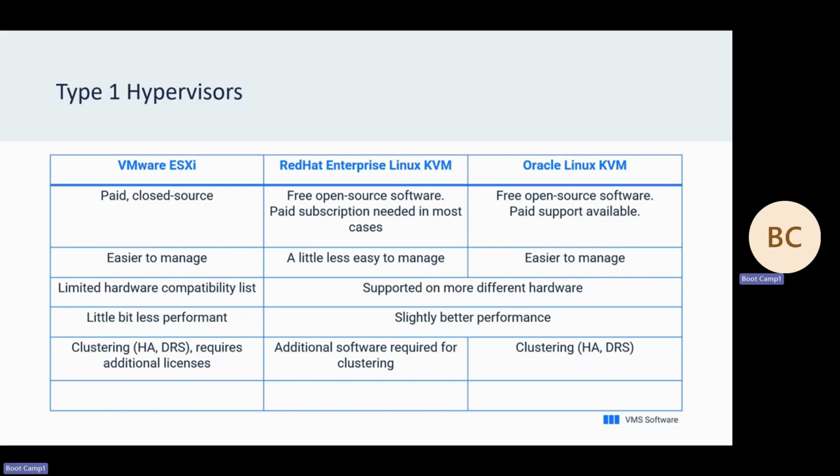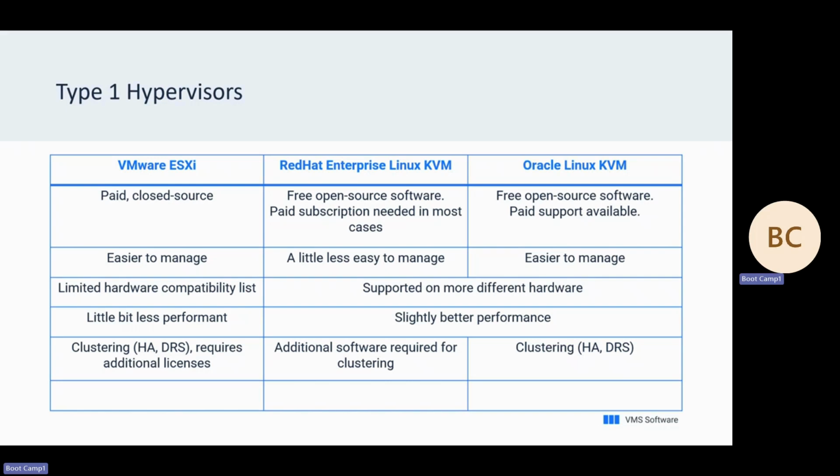You'll find yourself editing some text files to make changes. And Oracle Linux KVM, in my experience so far, is somewhere in between the two. You can do a bit more with the GUI that you get with Oracle KVM than you can do with the one on Red Hat.